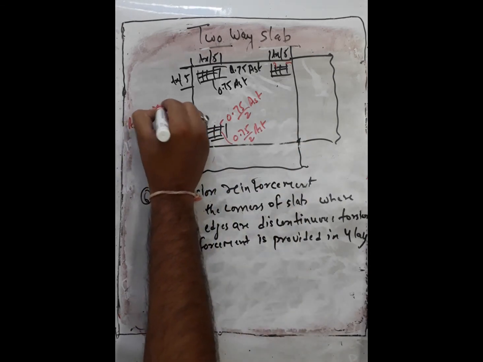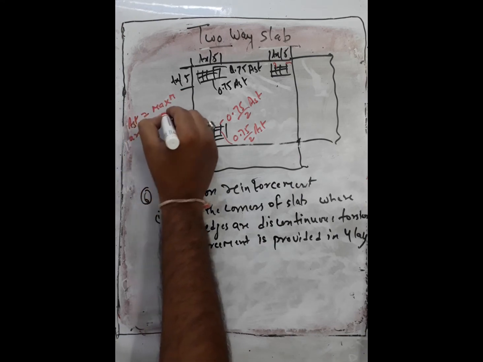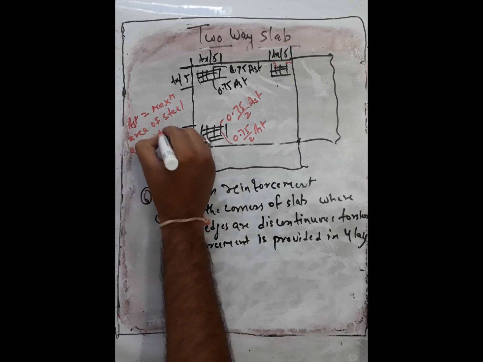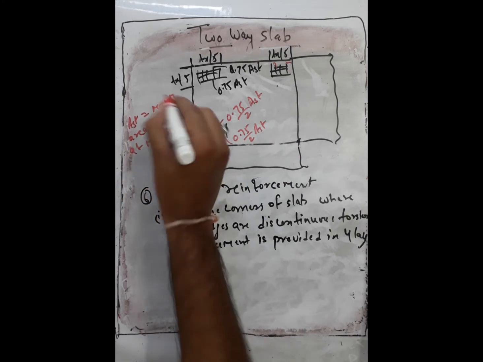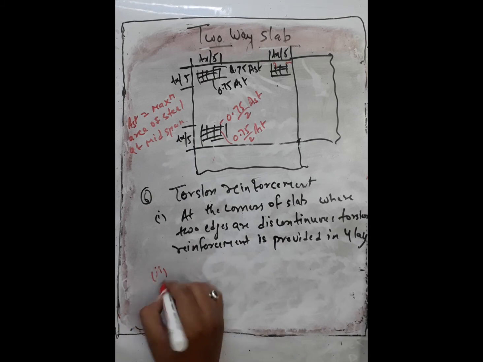And here Ast is equal to the maximum area of steel at mid span. So this is the first point: we have provided torsion reinforcement at Lx by 5 length.